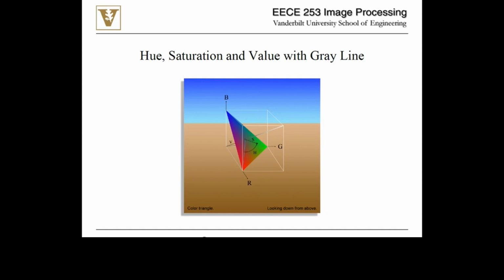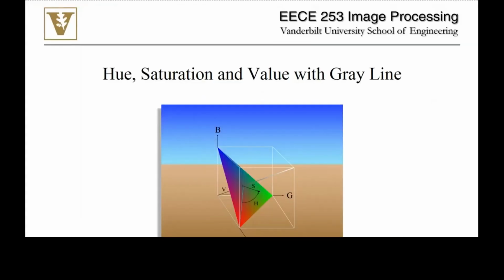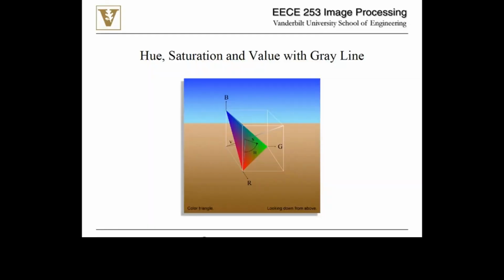So now we need some coordinates within that plane. Okay, so we need something that is fixed. So what is fixed is the direction from the gray point to the most red point. So this axis is fixed. So for every one of these triangles, this axis is well defined.